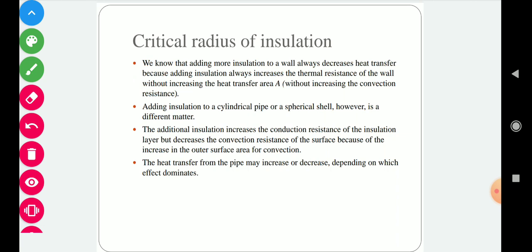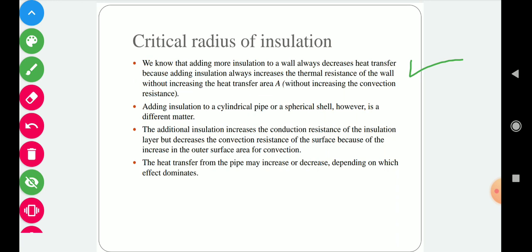So first of all, if we have a plane wall, we know adding more insulation to a wall always decreases heat transfer rate, because adding insulation always increases thermal resistance of the wall without increasing the heat transfer area or the convective resistance.